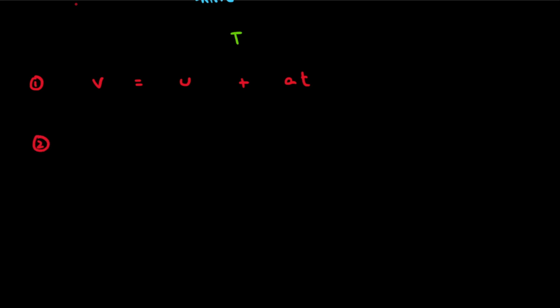Then we have another one, displacement equals initial velocity multiplied by time plus 1 by 2 or half of acceleration multiplied by the square of time. And then the final one is final velocity squared equals initial velocity squared plus 2 multiplied by acceleration multiplied by displacement.